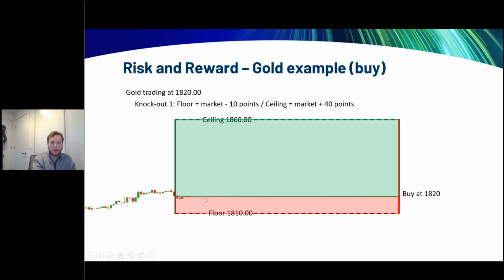So if you're the buyer, you're paying this difference, right? This difference right here is going to be this 10-point, $100 difference in where the market's trading and where the floor is, and on the upside, that reward is going to be where the market is versus where the ceiling is, right?